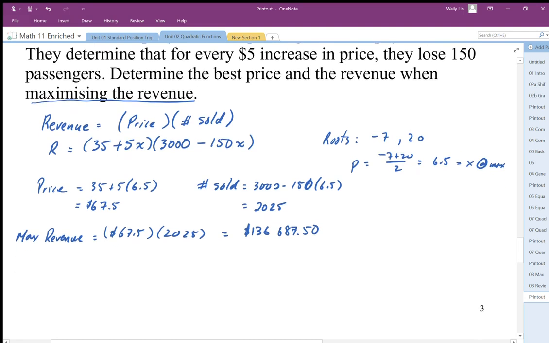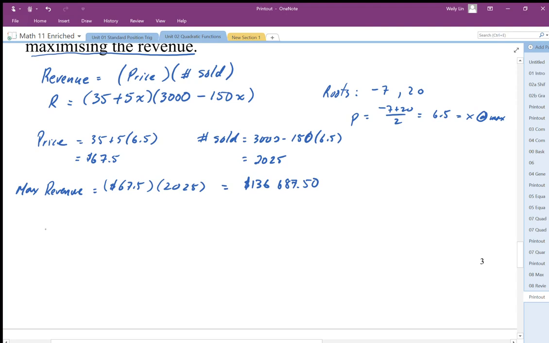We could also complete the square. If I complete the square, I'm going to end up with negative 750x squared. Sorry, let's do this properly. Plus 15,000x, minus 150 times 35, which gives me 5250.